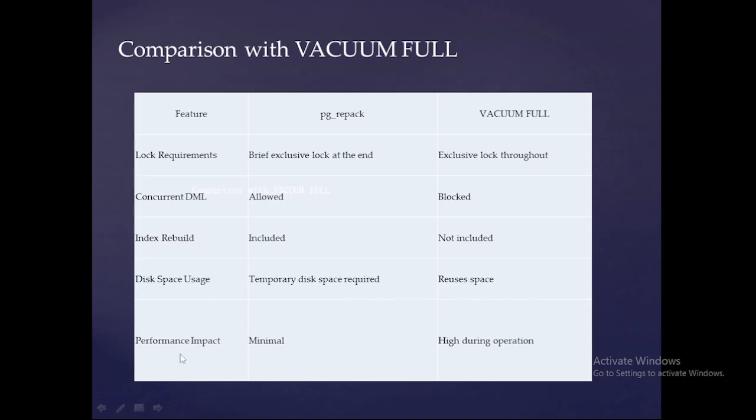Okay, performance impact: pg_repack has a minimal impact on performance because it is running in the background as an online process and doesn't lock the table. But VACUUM FULL is a high impact on table transactions because it locks the table and you won't be able to access that table. Okay, so this is the comparison between the pg_repack utility and VACUUM FULL.